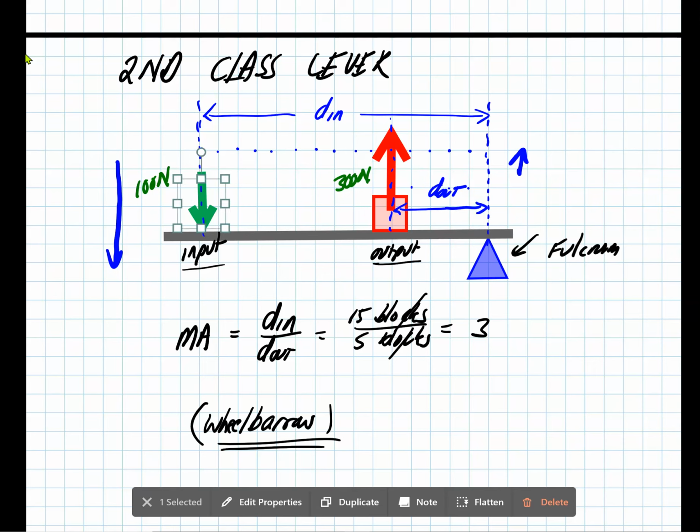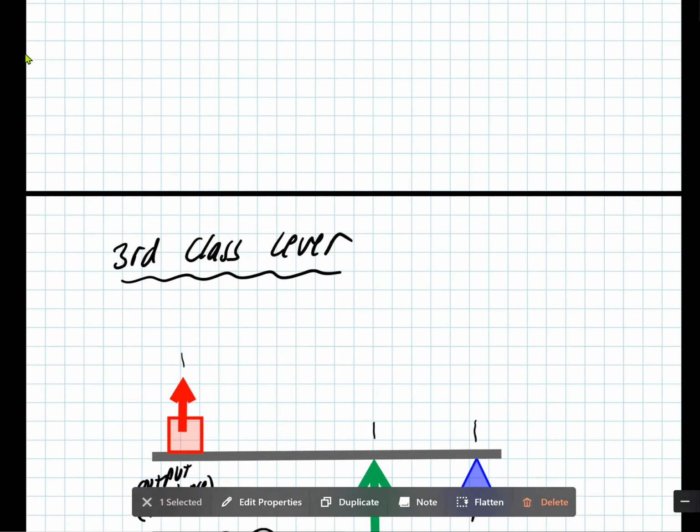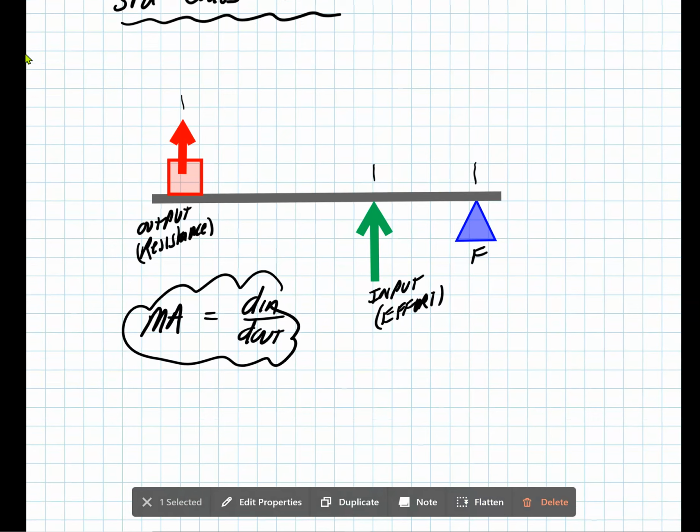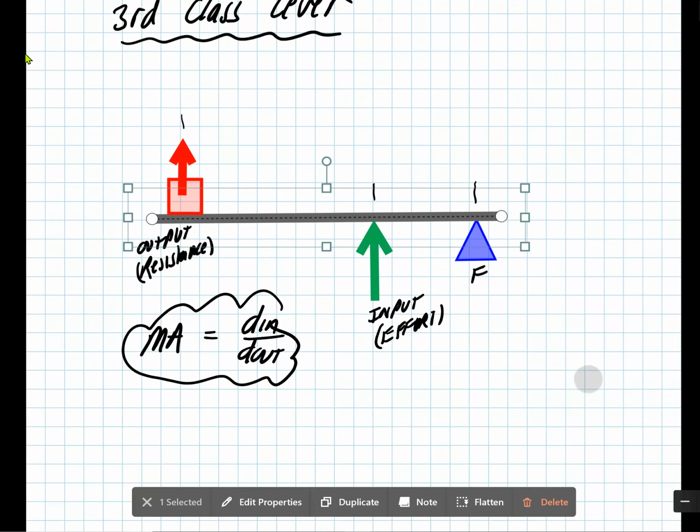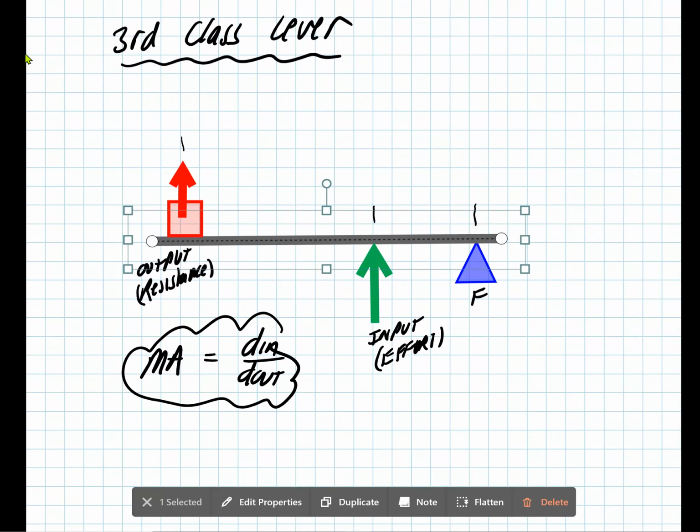But look what's happening here: now the output force, the load, is further away from the fulcrum than the input force. So they're switched. But the process to get mechanical advantage is still the same.